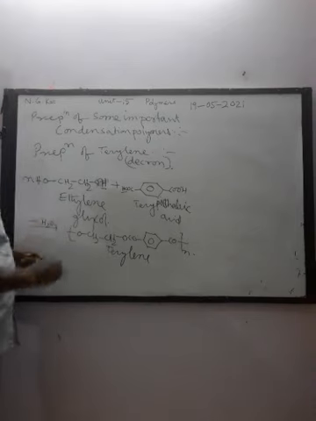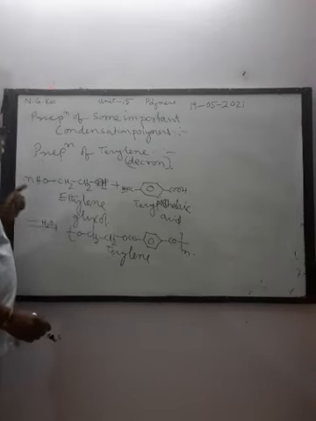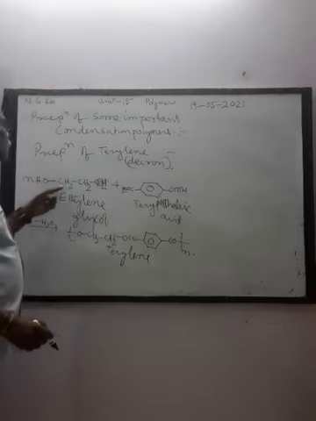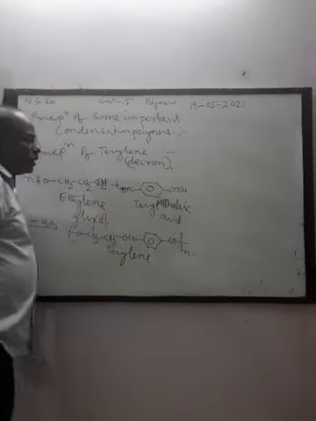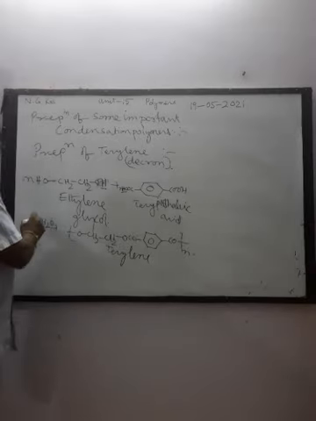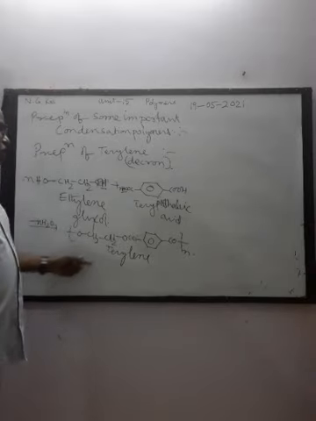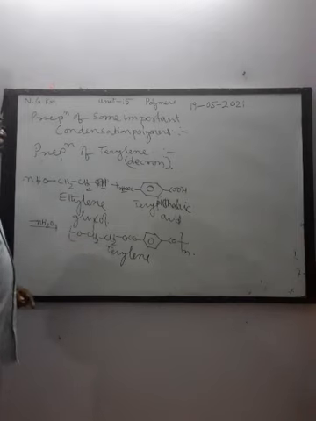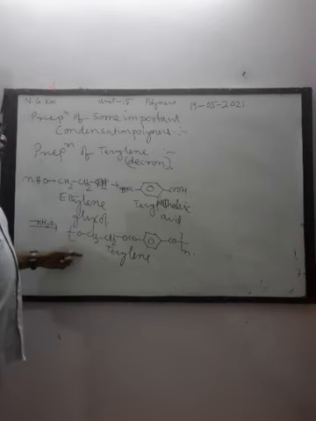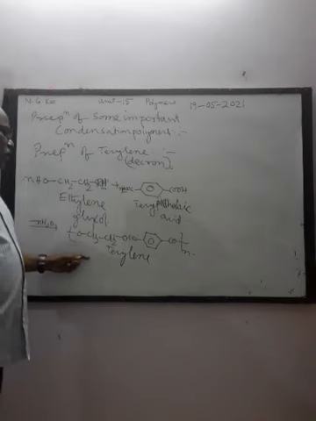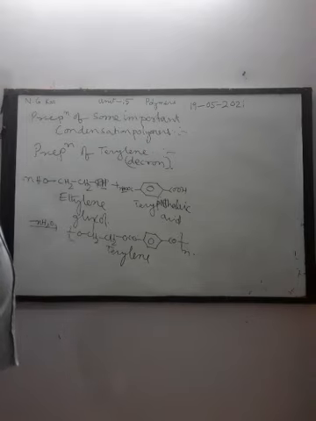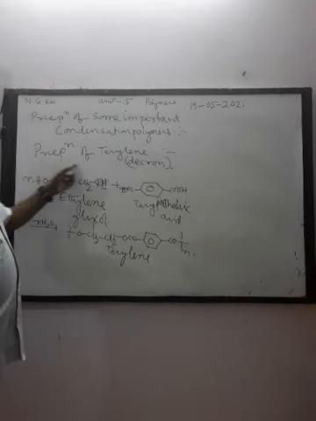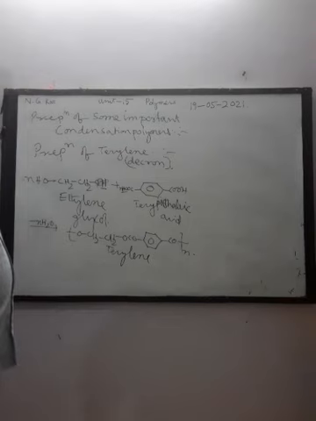In this reaction, condensation polymerization takes place between n molecules of ethylene glycol and n molecules of terephthalic acid, eliminating n molecules of water, forming terylene, which is a fiber. So this compound is largely used as fiber. So this is the major use of terylene. So this is our second compound, preparation of terylene.